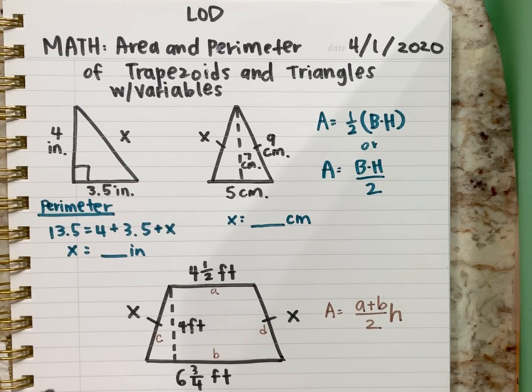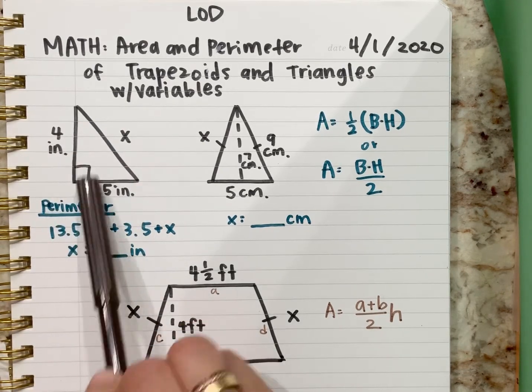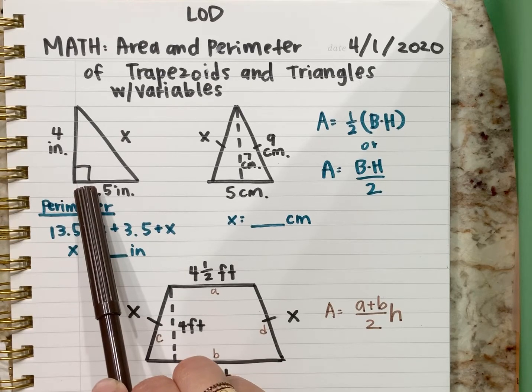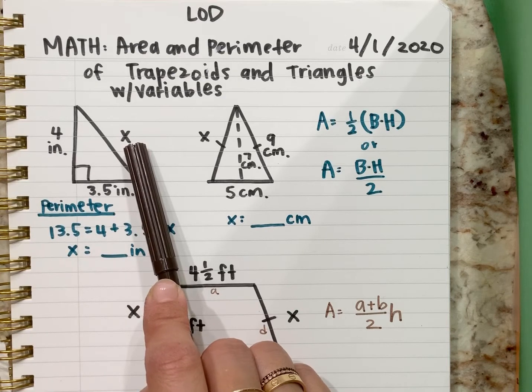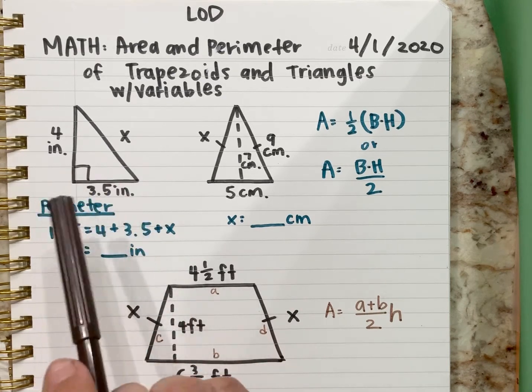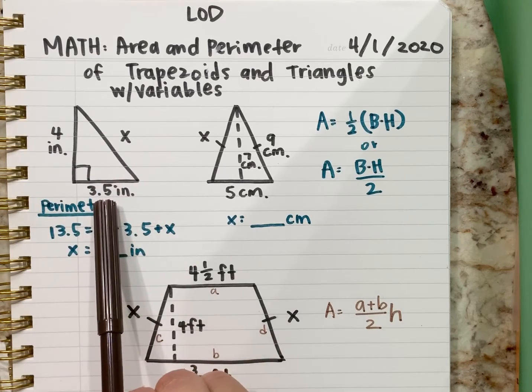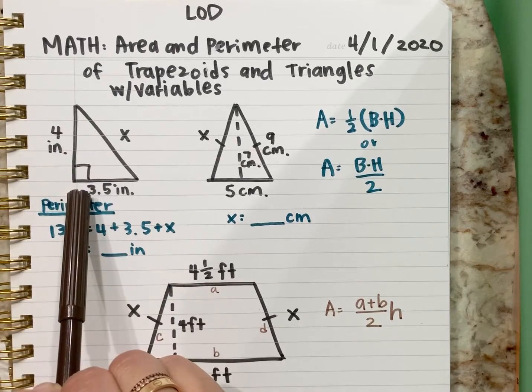All right, so let's take a look at the first triangle. The first triangle, as we can see, is a right triangle. I've given you 2 dimensions and one variable here. And so the first dimension is 4 inches. Next is 3.5 inches. This I'm going to call the base. That I'm going to call the height.